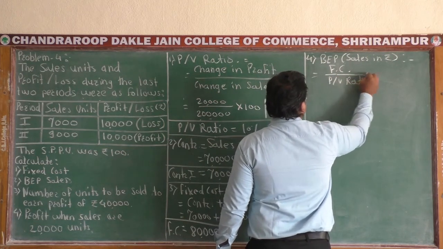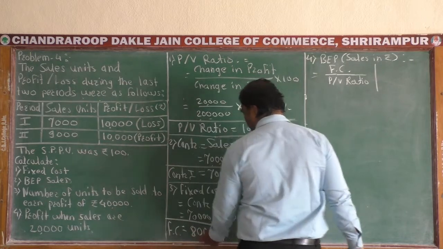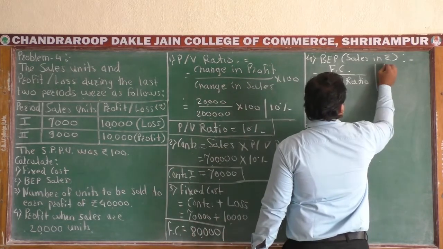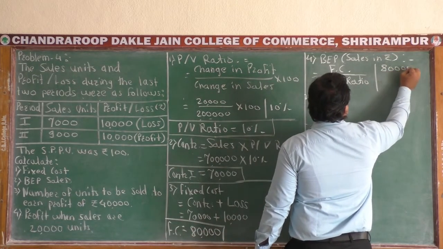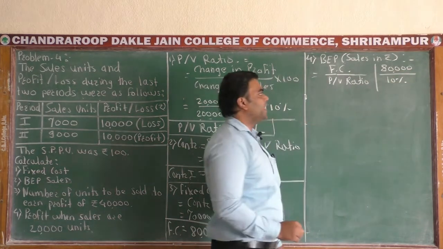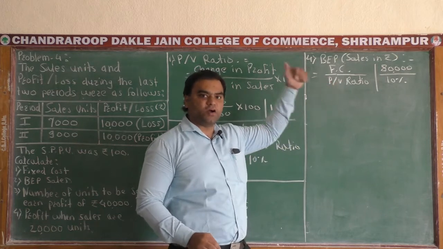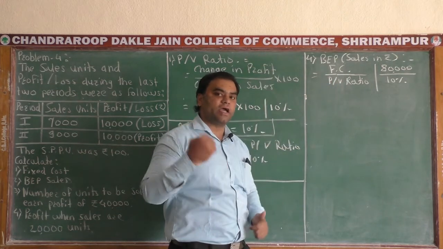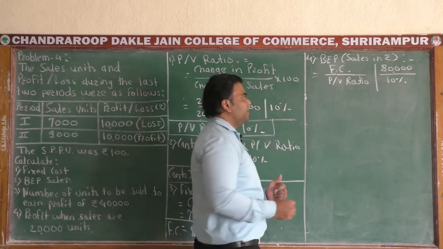So how much is the fixed cost? As we have calculated, fixed cost is 80,000. So 80,000 divided by 10%. So 80,000 is the 10% of 8 lakh. So 8 lakh will be the amount of BEP sales.